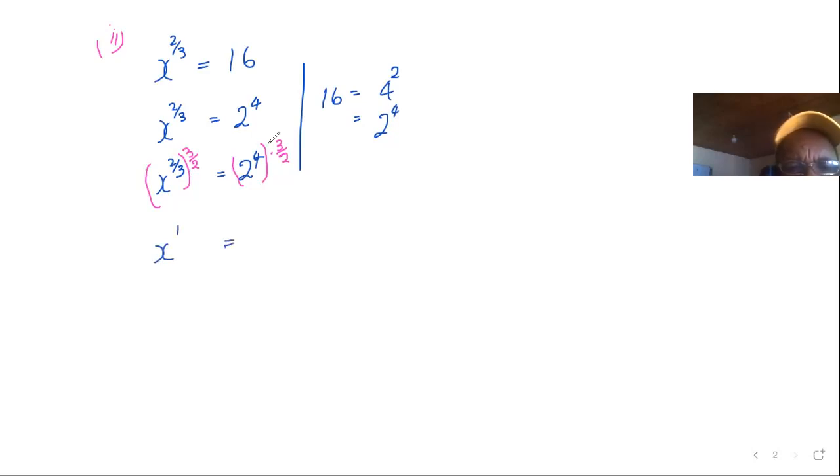And then you say 2 here once, 2 here 2 times. 2 times 3 is 6. That is 2 to the power 6. Therefore, x is equal to 64.